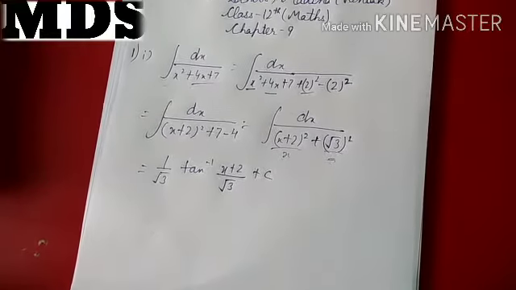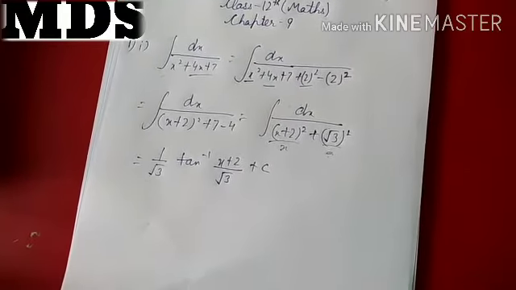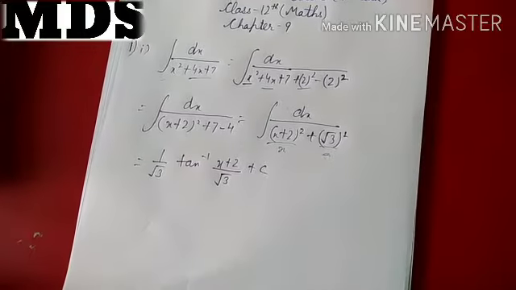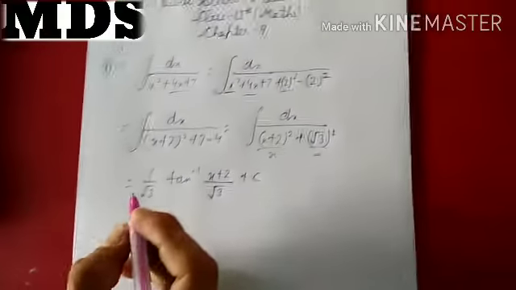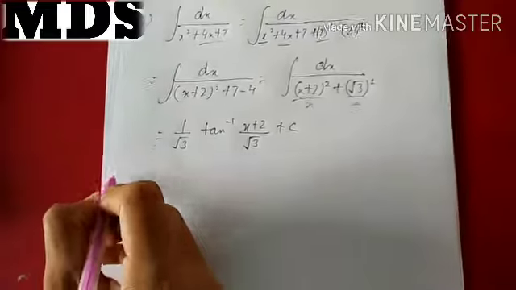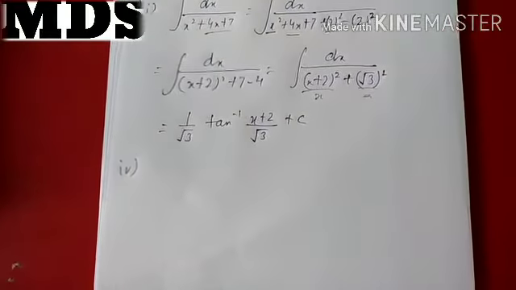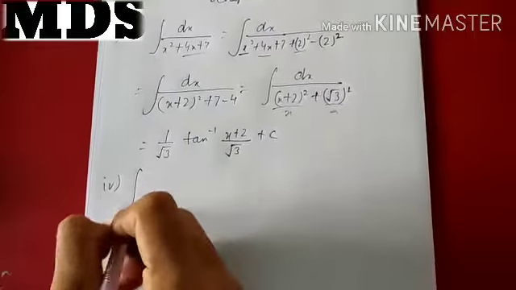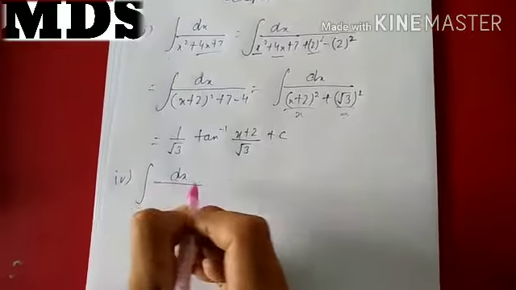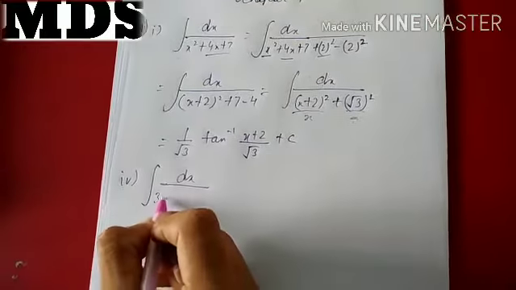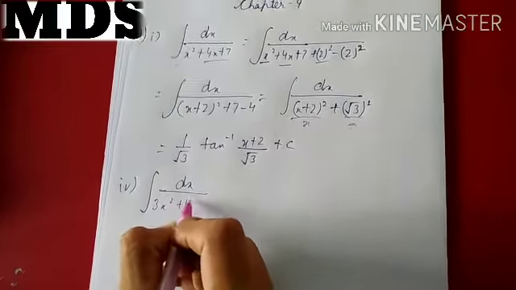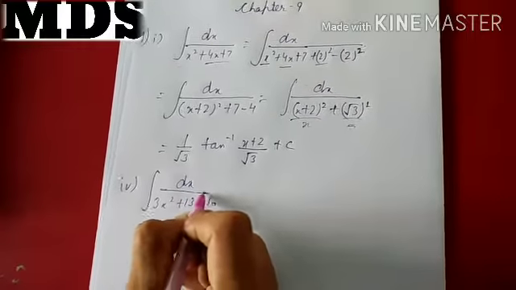So similarly all the 4 parts can be solved, but now I am solving part number 4 of this question, and that is integration of dx by 3x square plus 13x minus 10.